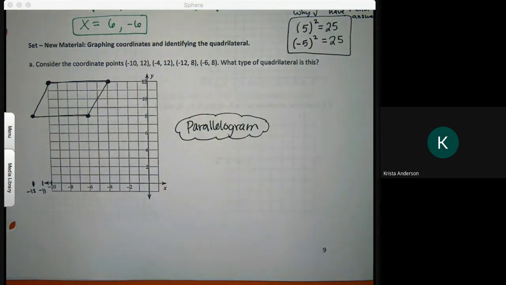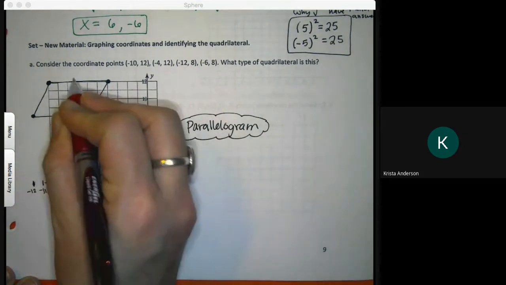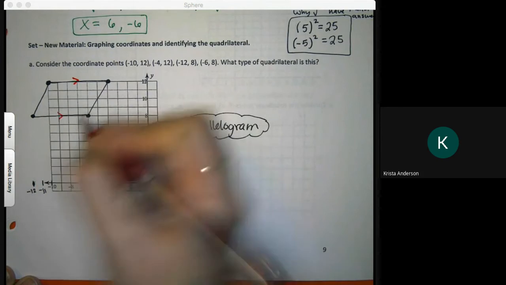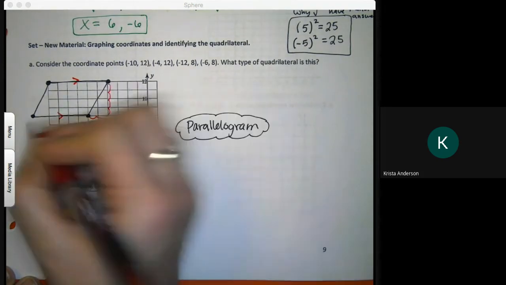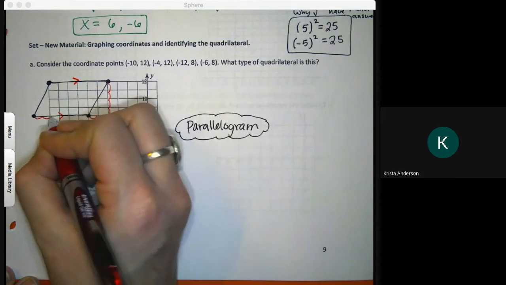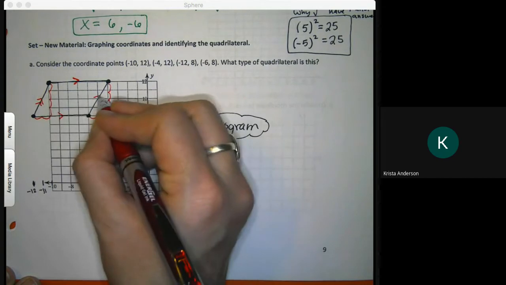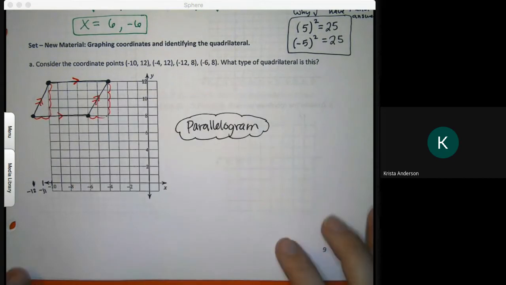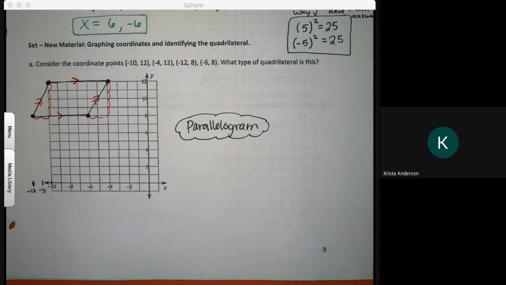If I check, these are parallel because they both have an undefined slope. This one's slope has a 2 and 1, 2, 3, 4. This one also has a slope of 2 and 1, 2, 3, 4. The slopes match each other. My slopes are the same. That means they are parallel. It's a parallelogram.